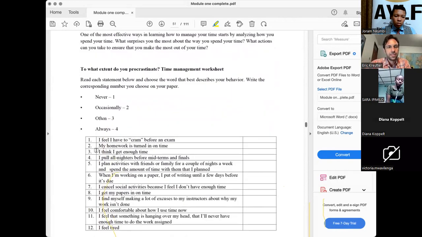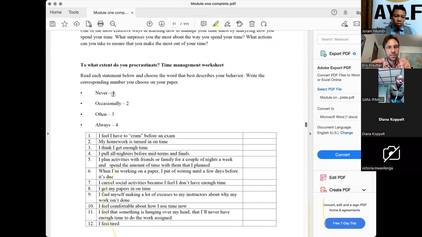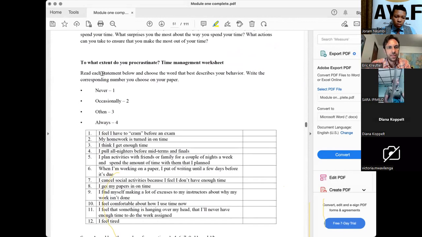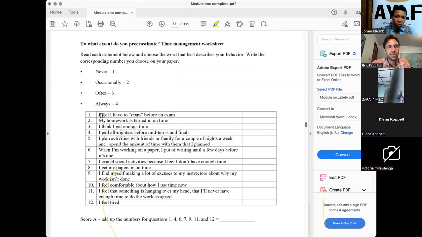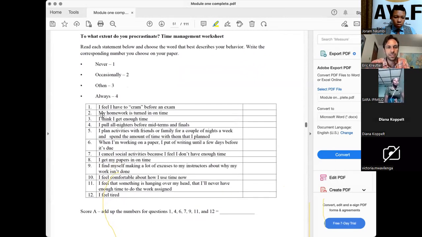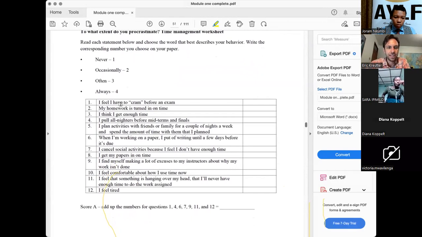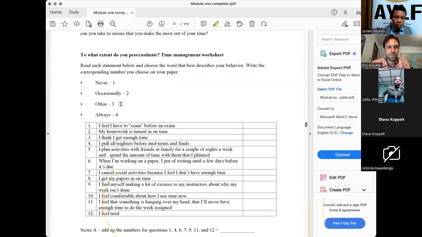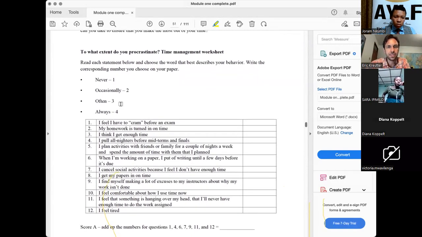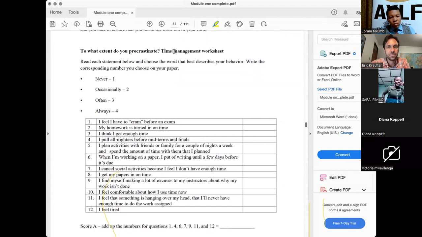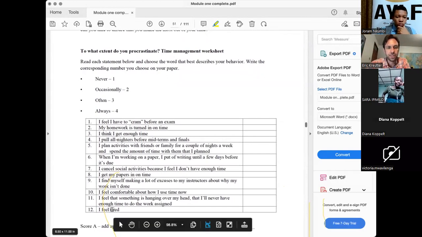All right. There's a bit of a worksheet here that can give you an assessment of how well you manage your time. I don't think we have time to go through this whole thing, but maybe Joram can share some of these tools with you.